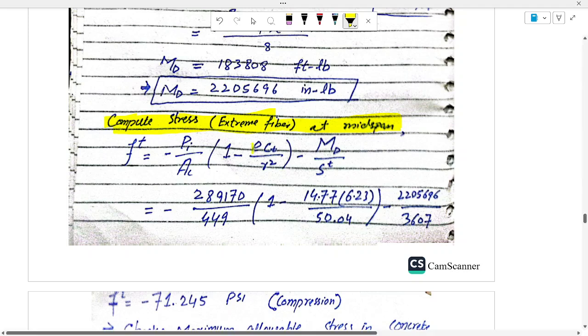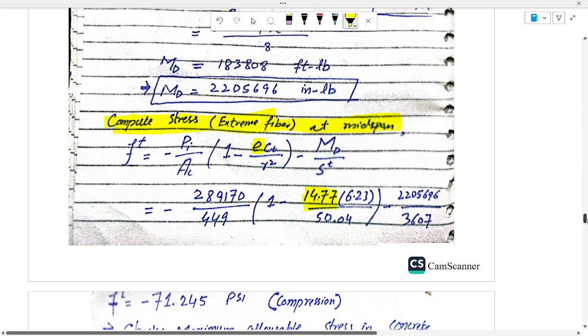Remember, here we have to put EC, the eccentricity at mid-span, as we are computing extreme fibers at mid-span.